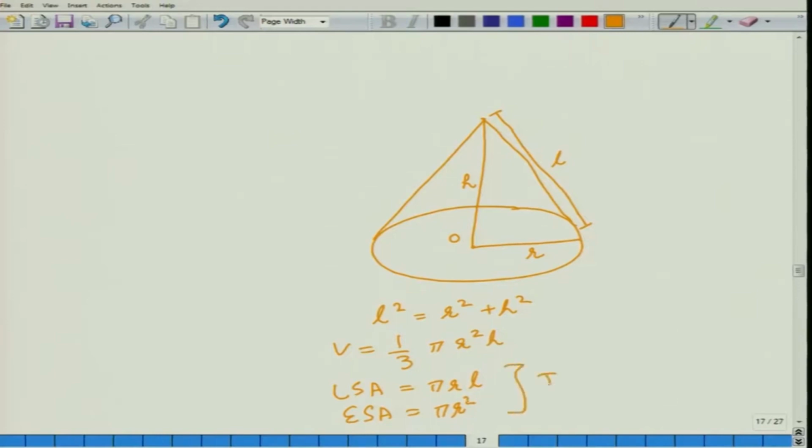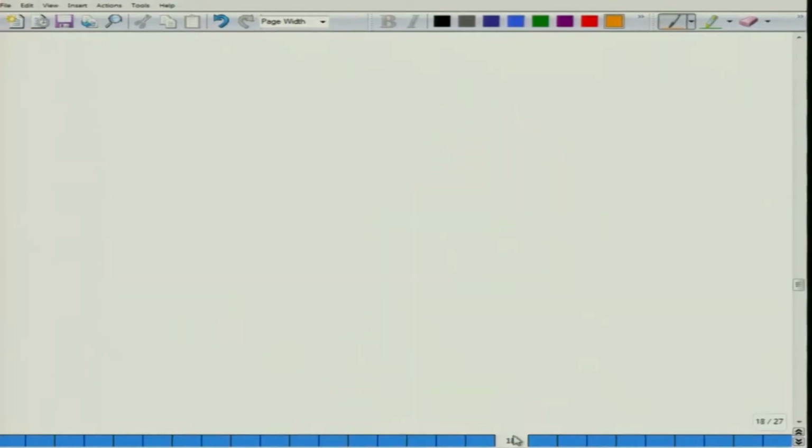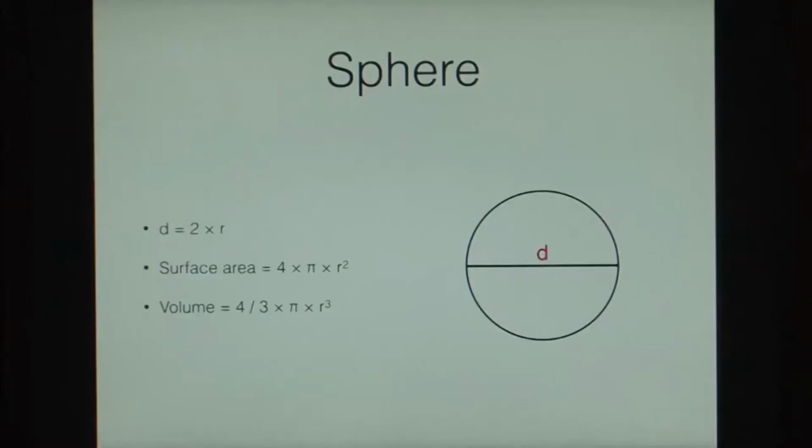The total surface area then is given by pi r square plus pi r L, equals pi r (L plus r).